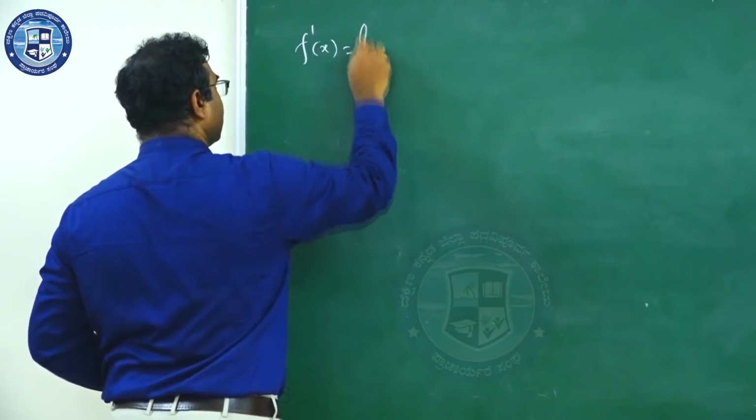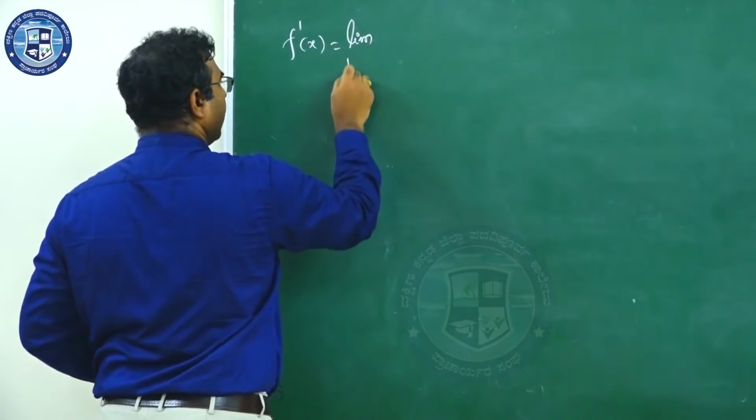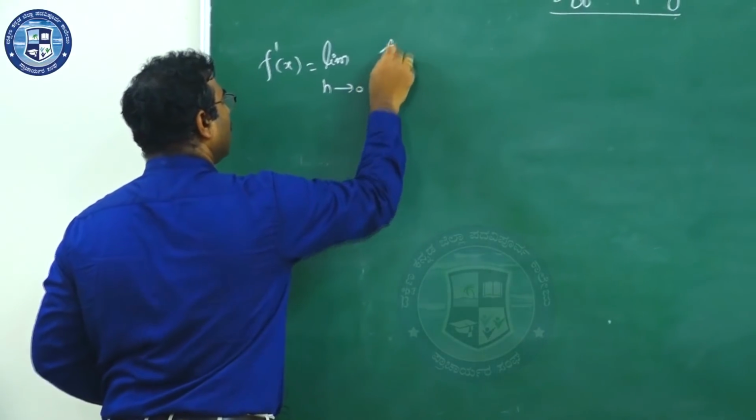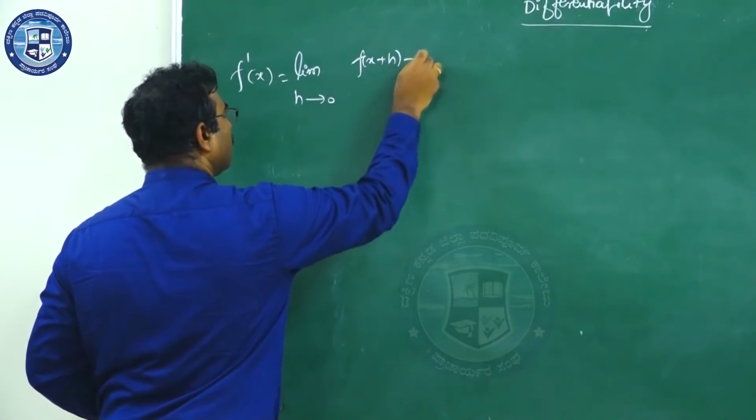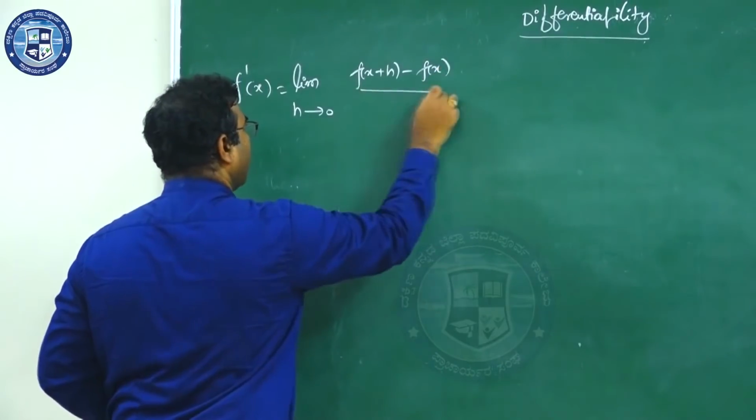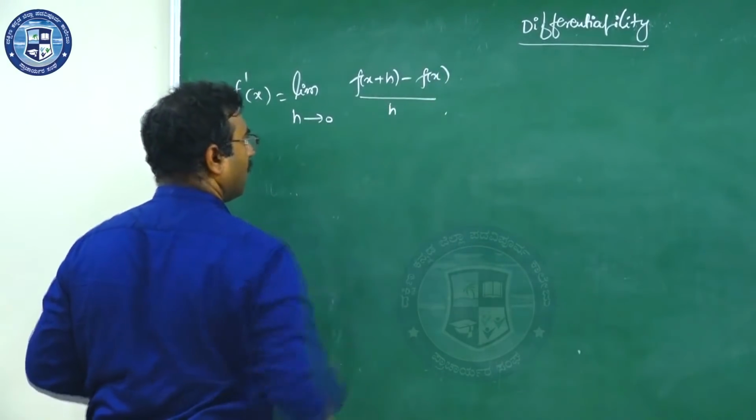f dash of x is limit h tends to 0 f of x plus h minus f(x) by h.